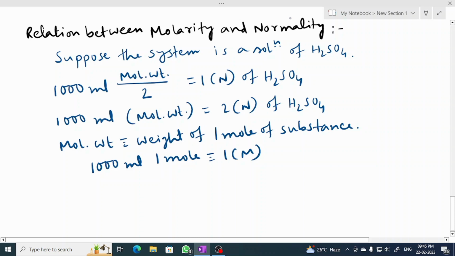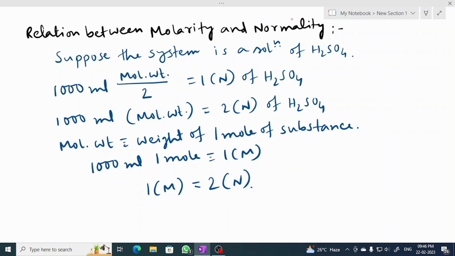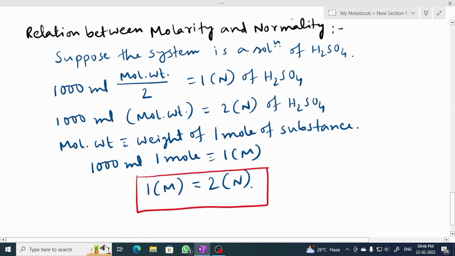Since 1000 ml molecular weight is present there, we can say that 1000 ml has 1 mole present, in other words 1 molar of that solute. So here we can conclude that 1 molar is 2 normal. So for H2SO4, this is the relation of molarity and normality, that is 1 molar is equal to 2 normal.